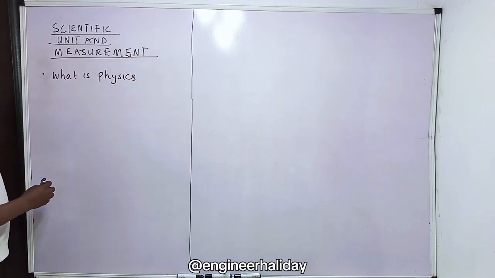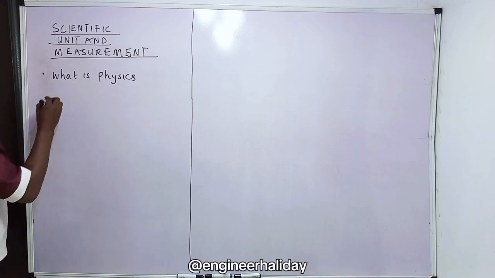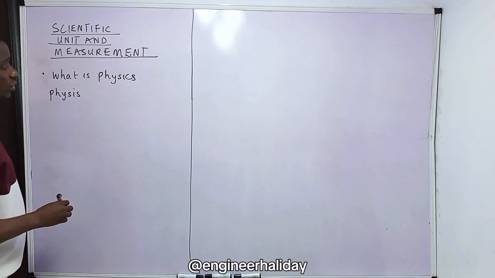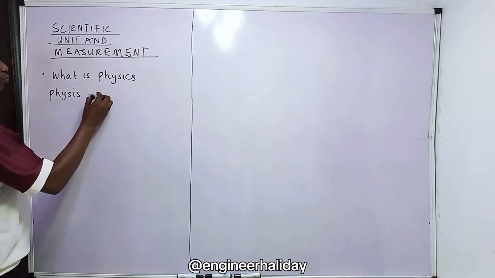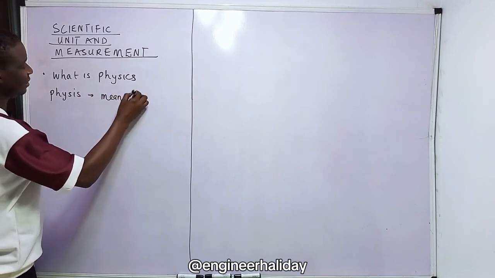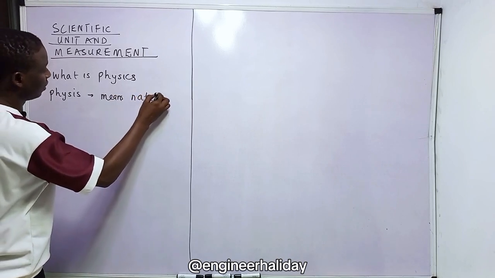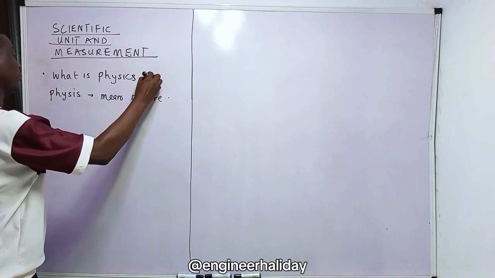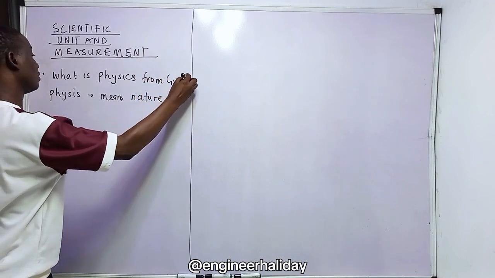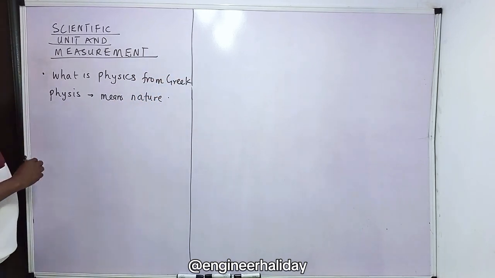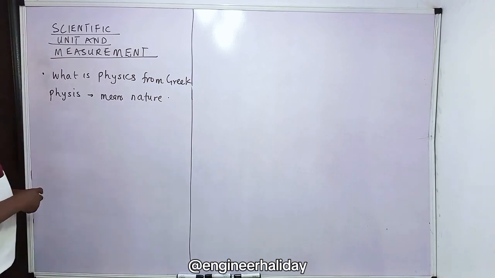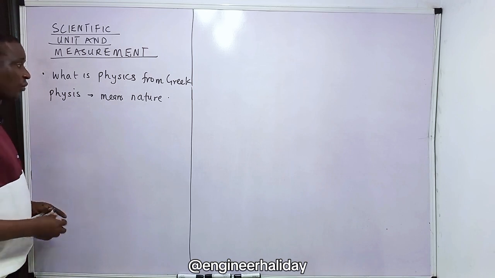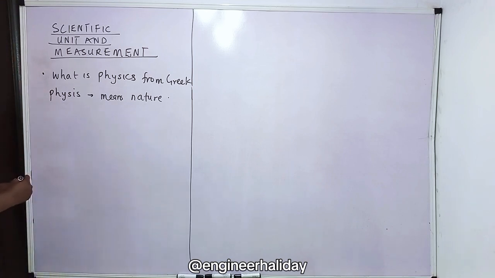First of all, physics is coined from a Greek word, physics, and this Greek word means nature. Now, nature is everything around us. So that means physics studies everything around us.